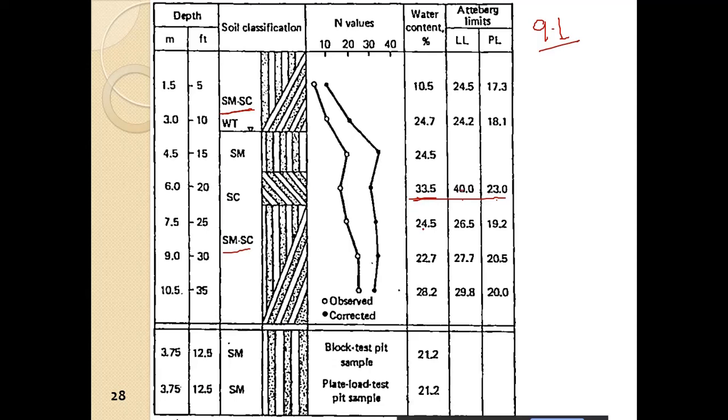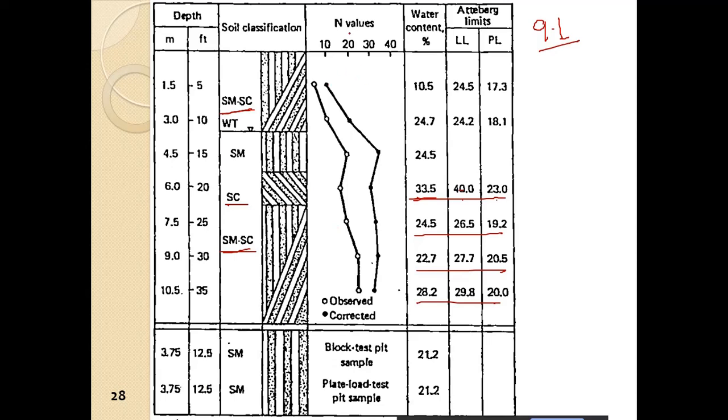So this is SC soil, sandy clay. Similarly, we have SM and SC, clay of sandy clay of very low plasticity, and along with that we also have some amount of clay. So we have these properties given. So this is the subsoil profile.